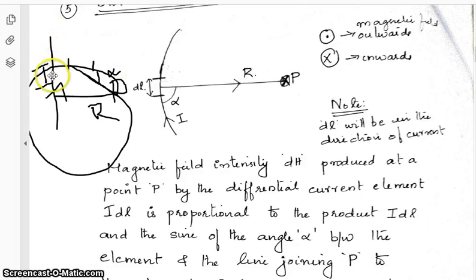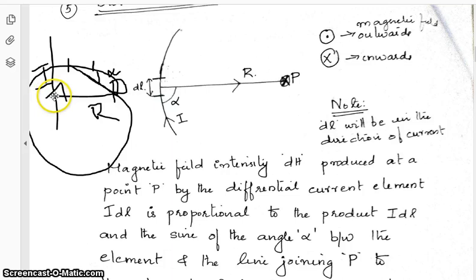Here I have drawn a current carrying conductor I, and this is my point P. So when current flows through this current carrying conductor, this point P experiences a magnetic field in the form of concentric circles. And I is the magnitude of the current flowing through this conductor.